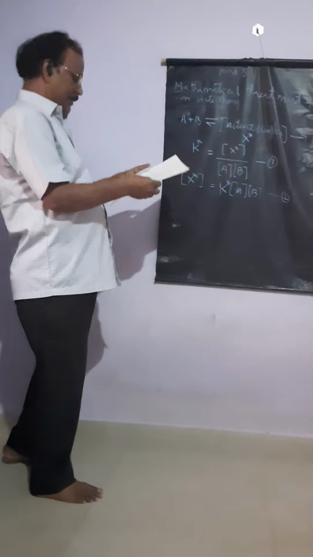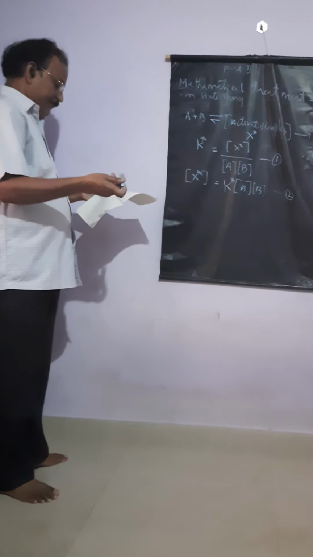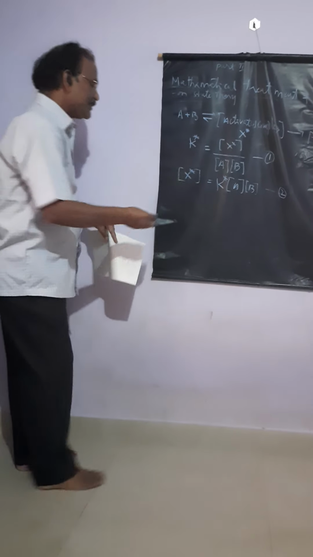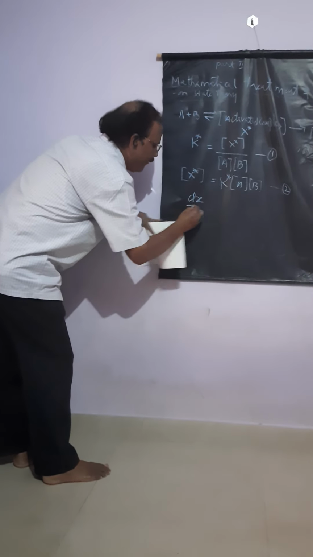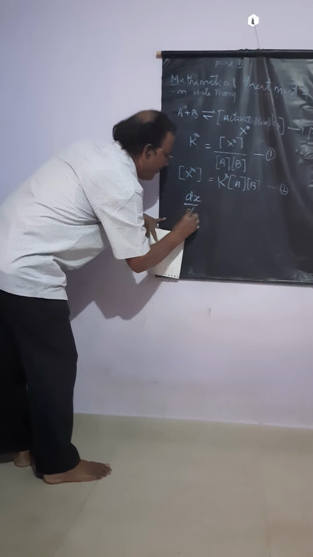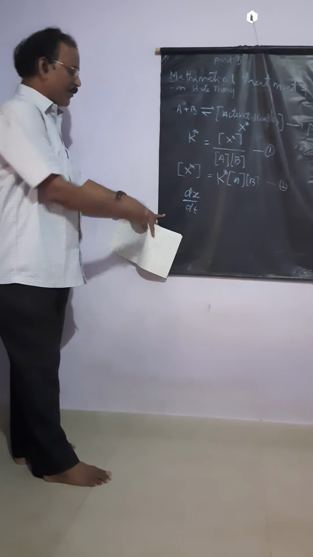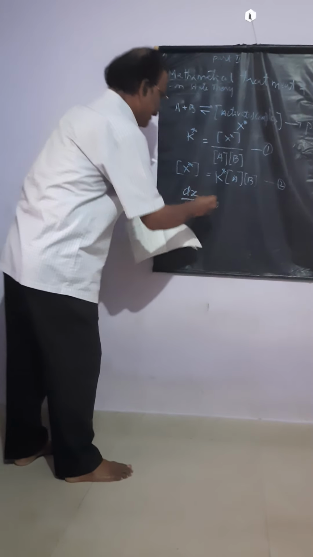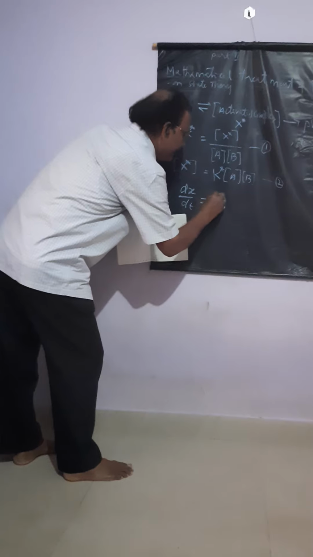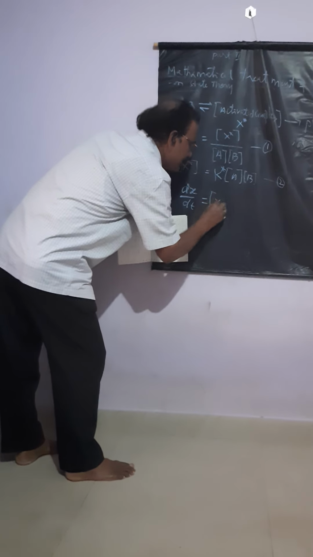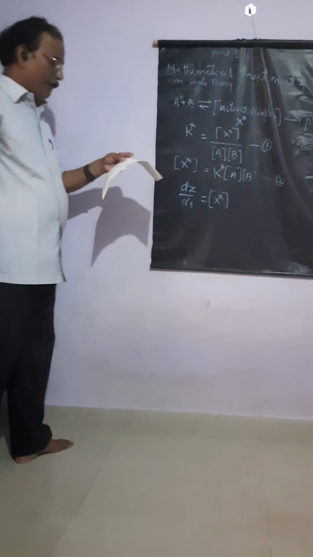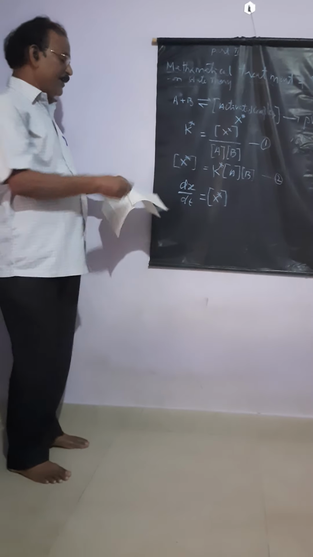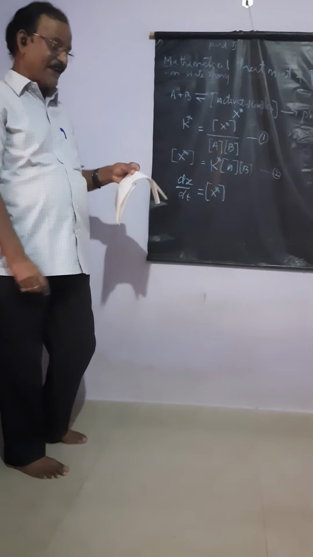That is dx by dt, which we call the rate of a reaction, is equal to the concentration of the activated complex multiplied by the rate of dissociation of the activated complex.